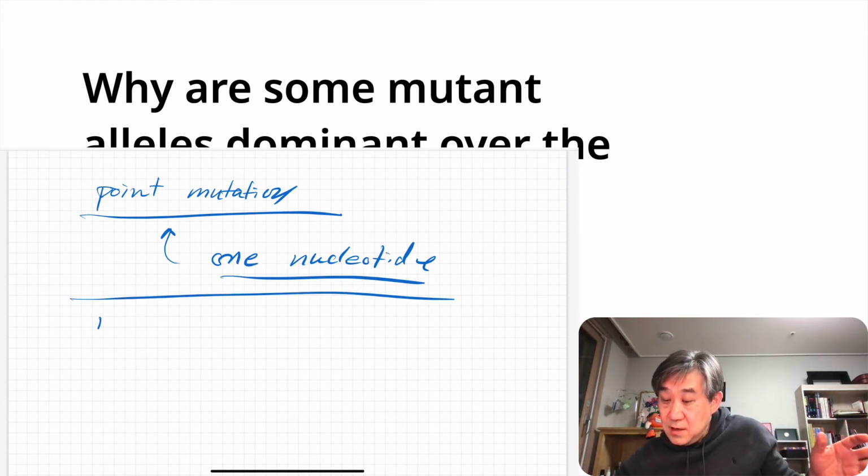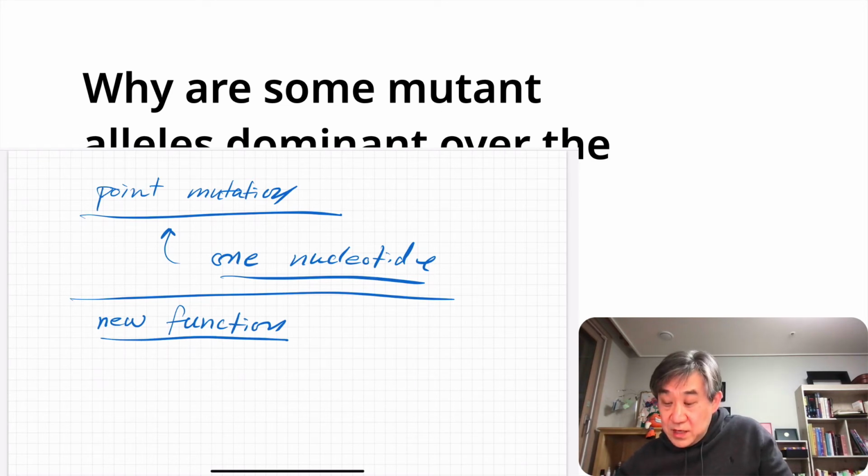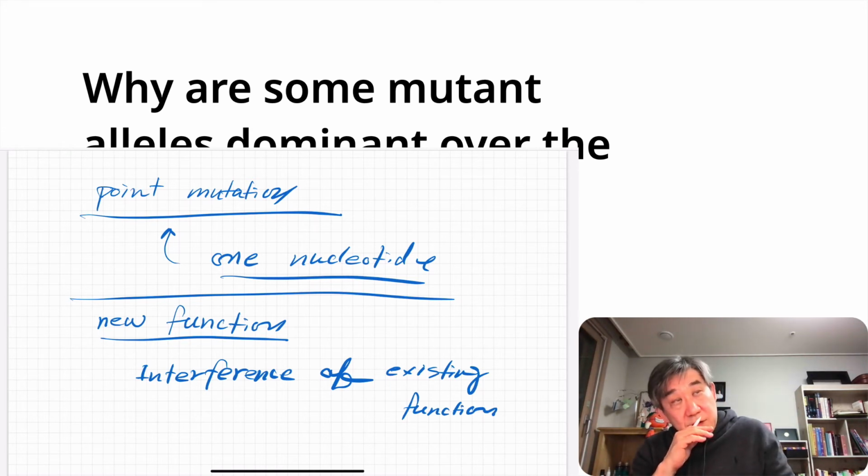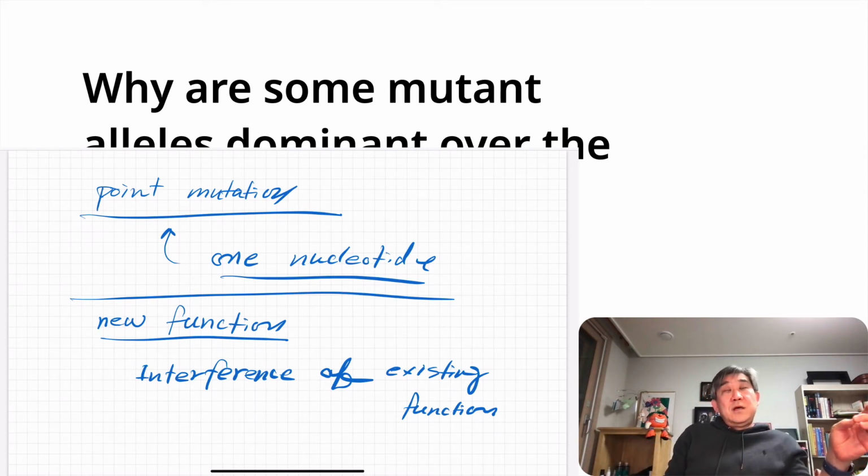a new function, or a kind of interference of existing function, which can also play as a dominant allele. For example, in the case of the sickle cell mutation, imagine if that mutation played in this way instead of simply providing a loss of function.